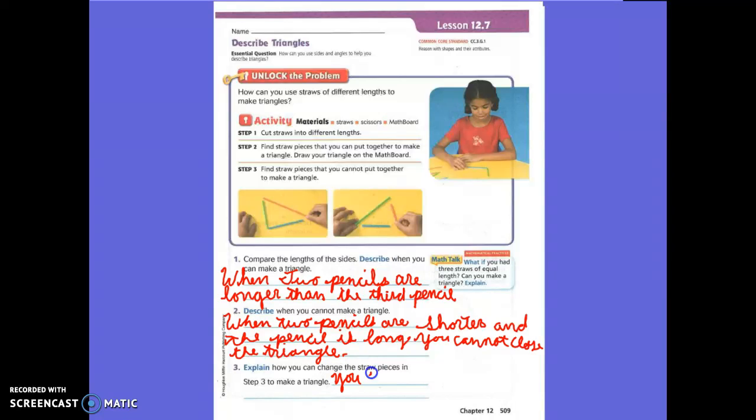You can, should we say trade or change? Change.